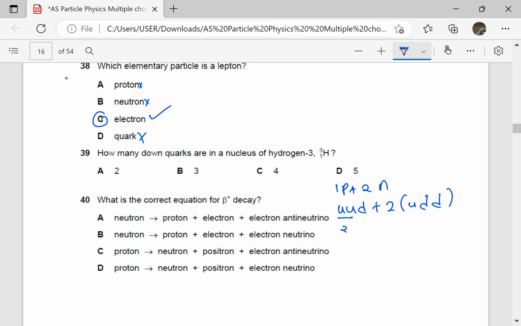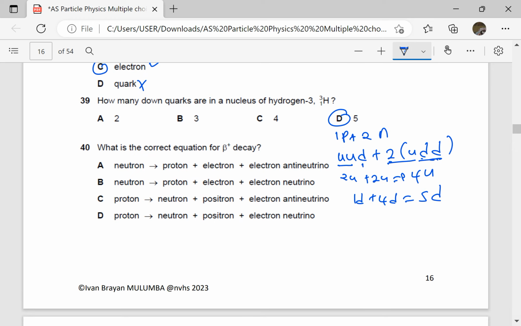These 2 up plus these 2 up, so those are 4 up. Let's check down. This is 1 down plus 2 times these 2, that is 4. So it is 1 down plus 4 down, which gives us 5 down. So the answer is D. There are 5 down quarks.